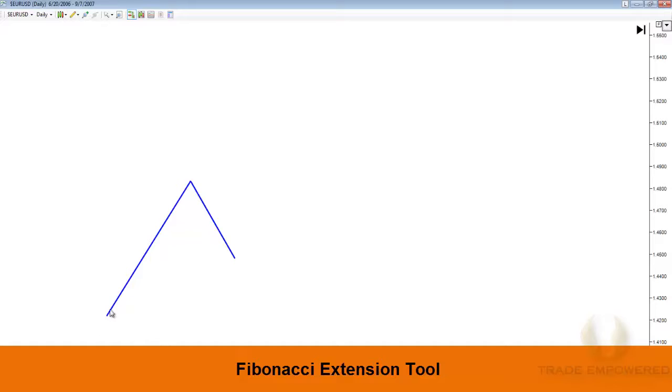We measure our Fibonacci extension very similarly to how we do our Fibonacci retracement. We're still looking at the same impulse leg, swing low to swing high. However, with this tool, and it may differ some depending on your charting package, we want to take it from the swing low of the move to the swing high, so our starting point to our initial structure high, and then bring it back down to our swing low.